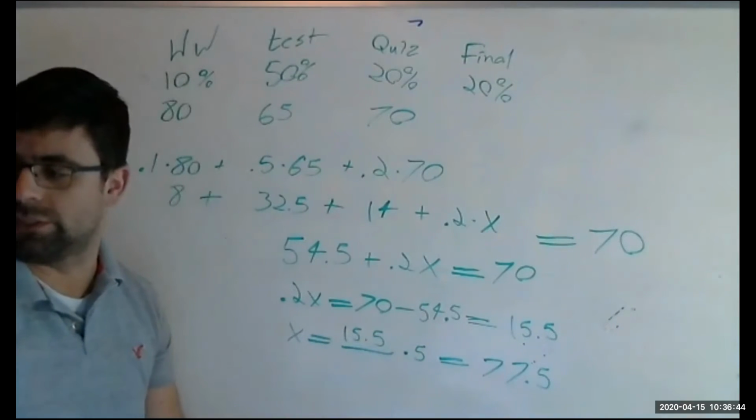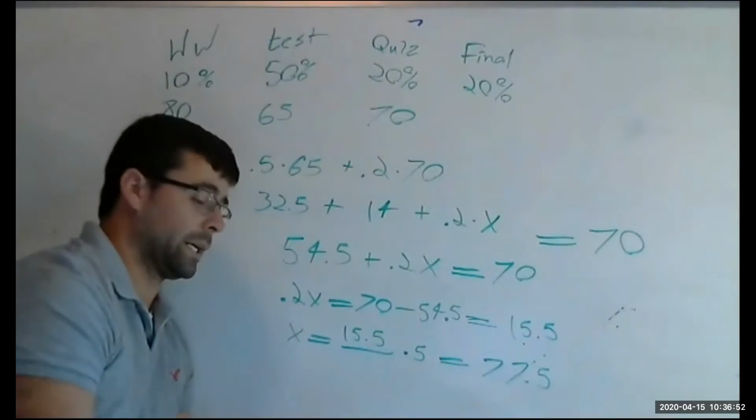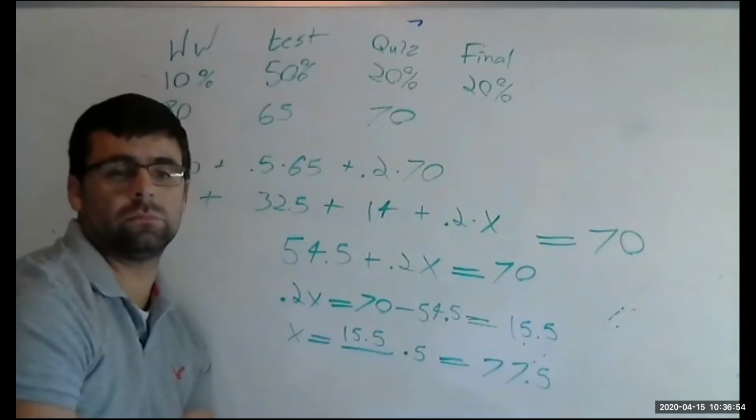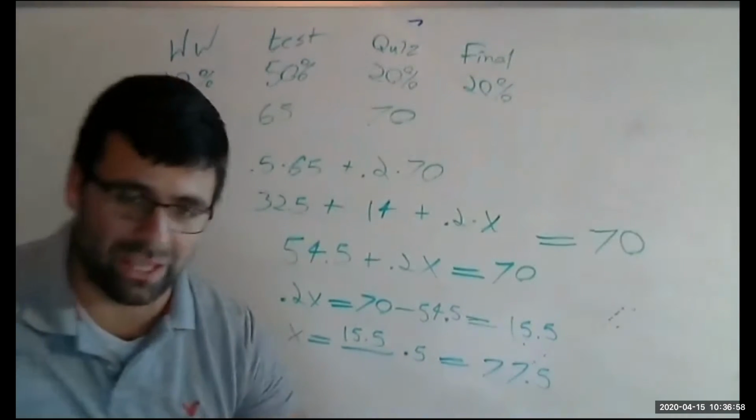And this is a mean teacher who doesn't round anything, rude, I guess. But basically, you need a 78 in order to pass with a C.